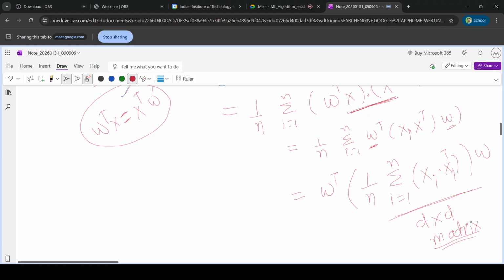Now, in the question, or when you solve some actual real-time problem, you have a big data set having this kind of matrix values.